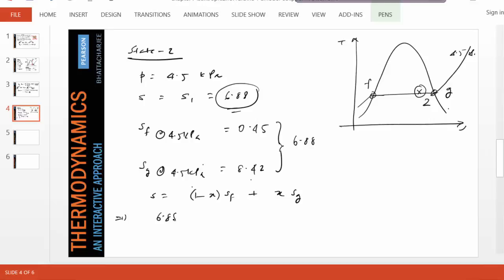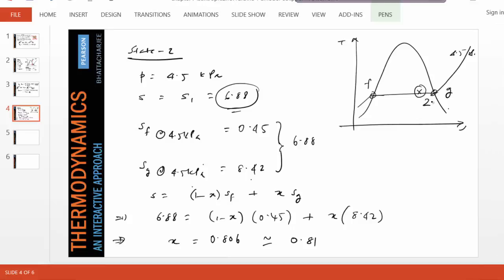S is 6.88, (1 minus x) times S_F, which is 0.45, plus x times 8.42. If you just do your algebra right here, you can show that x turns out to be 0.806, approximately 0.81. So we found the quality at the ideal exit state.